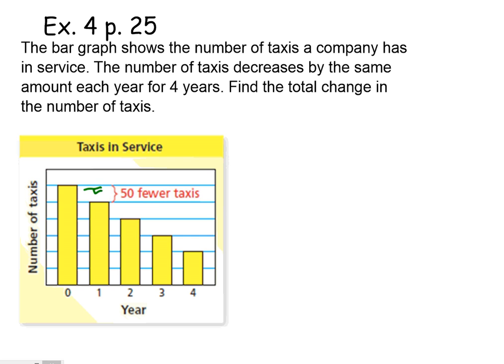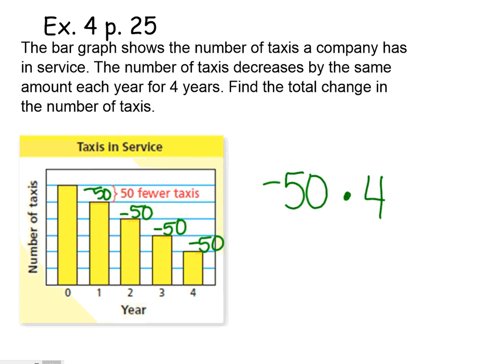So it's minus 50 here, minus 50 again, minus 50 again, and minus 50 once more. So we're repeatedly decreasing by 50 taxis every year. So we have negative 50 for the decrease. And that happened 1, 2, 3, 4 times. So it's negative 50 times 4.